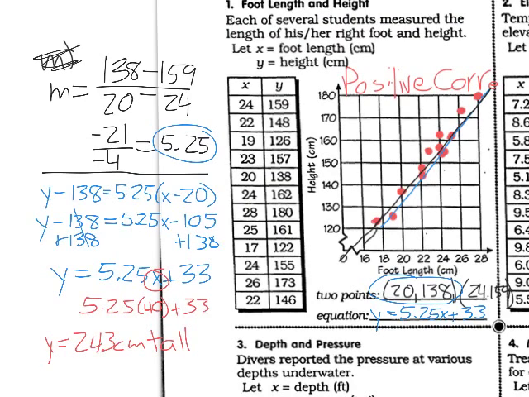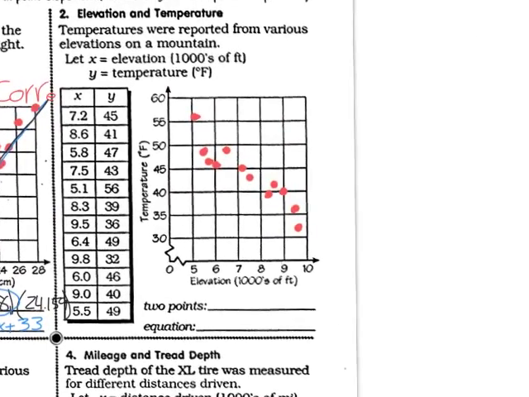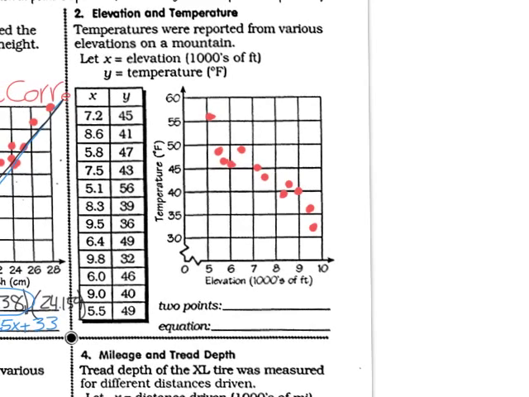Okay, so let's look at 2 quickly. I'm not going to do all of 2, but I just want to point out something a little bit different here. I would find the equation of the line in the same way. I want to look for trends. In general, temperatures were reported from various elevations on a mountain. So it looks like the higher the elevation, the lower the temperature.